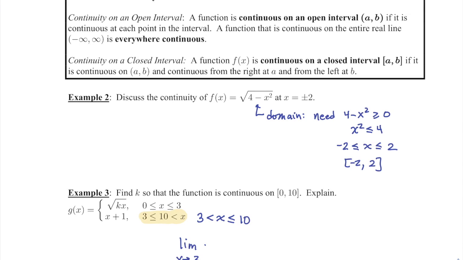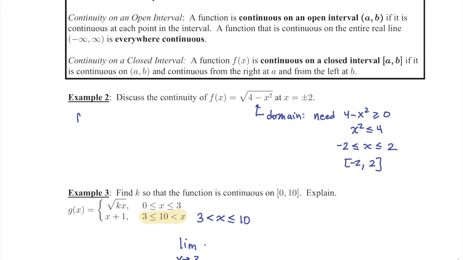Our limit laws would tell us that this is continuous, and we could use direct substitution on all of the values that are in the domain, but on the edges of the domain, we would have to say this is just continuous from the right or the left, depending on which edge we're talking about.